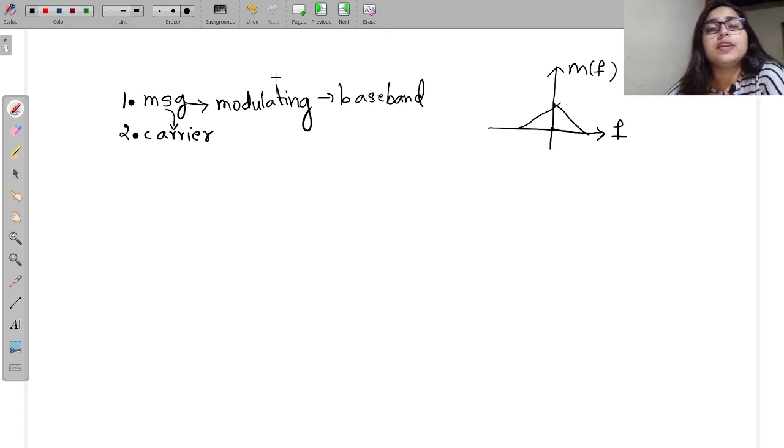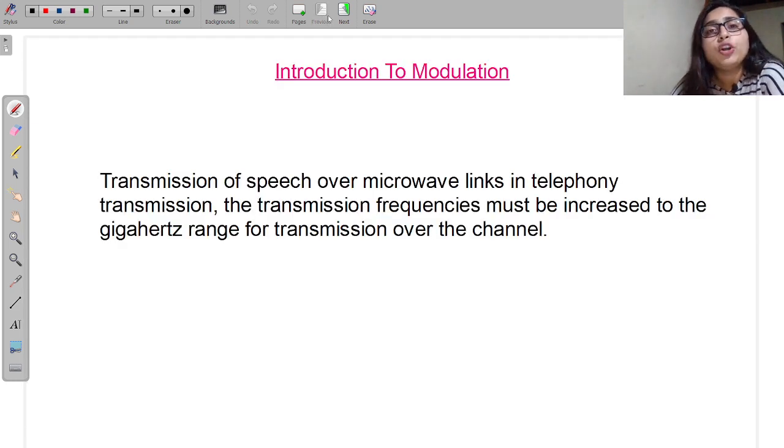That is where modulation takes place. Now we were studying amplitude modulation. In telephony, if you want to transmit a speech signal on microwave links, the transmission frequencies must be increased to the gigahertz range for transmission over the channel.